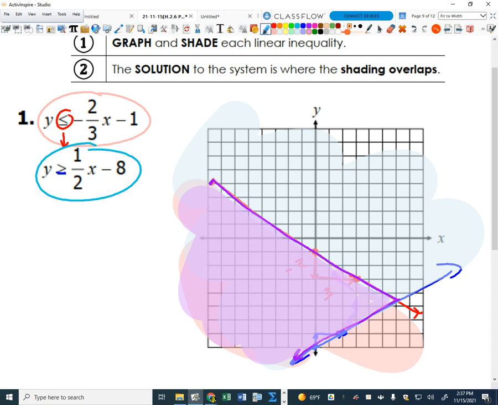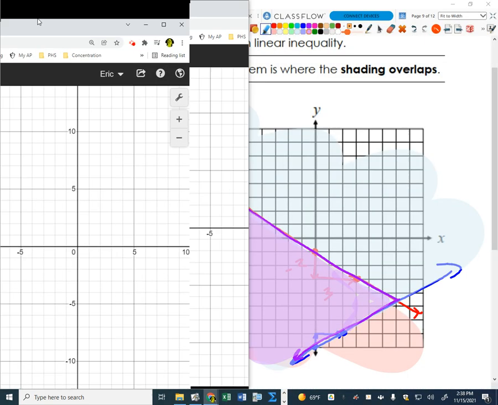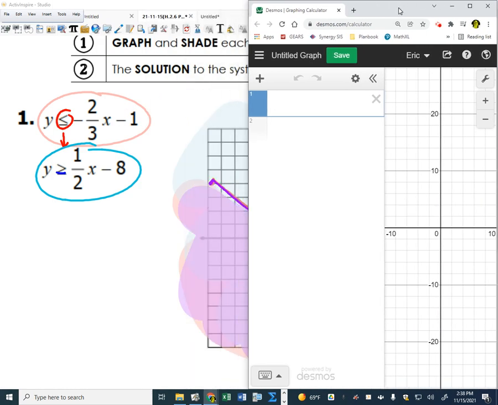There it is. Okay? All right, Desmos does something really cool with this. I don't know if you've ever tried this before, but Desmos does an excellent job of graphing linear inequalities. Okay, so let's try this.